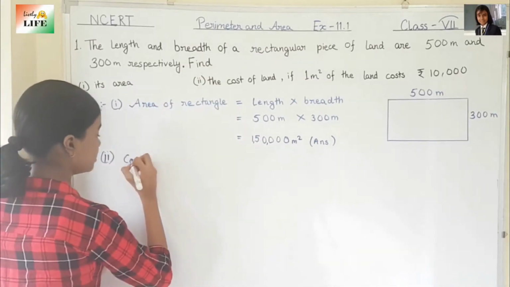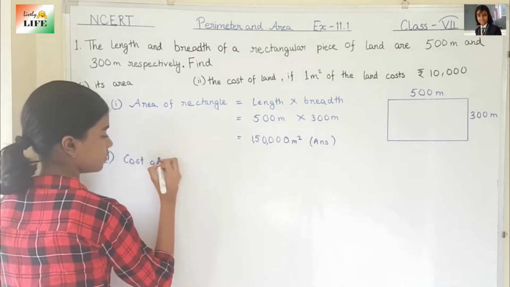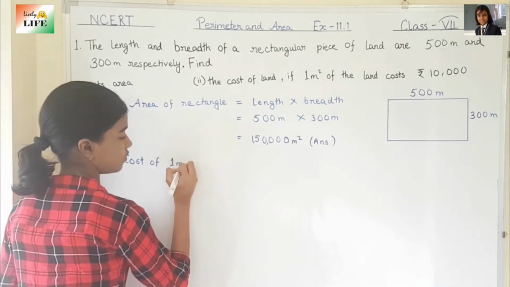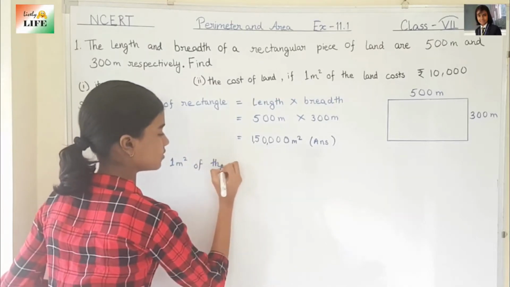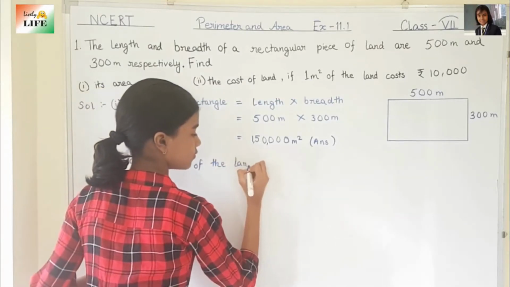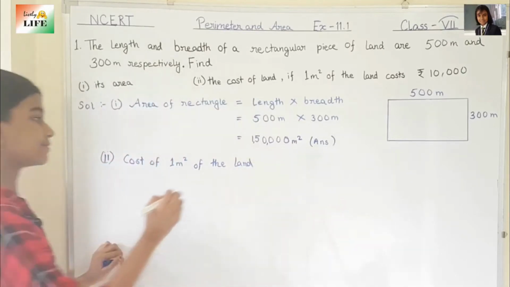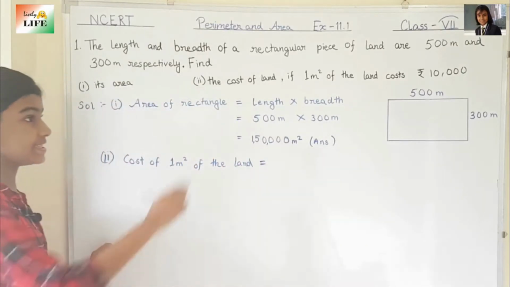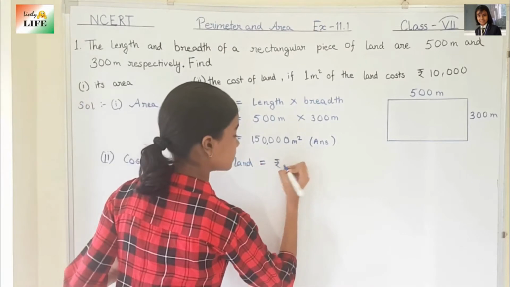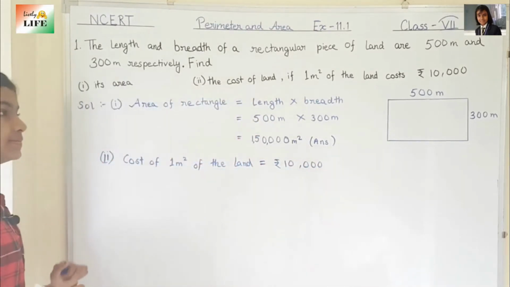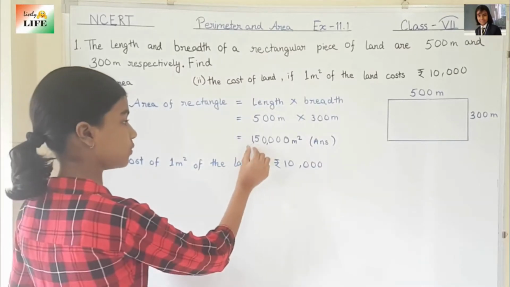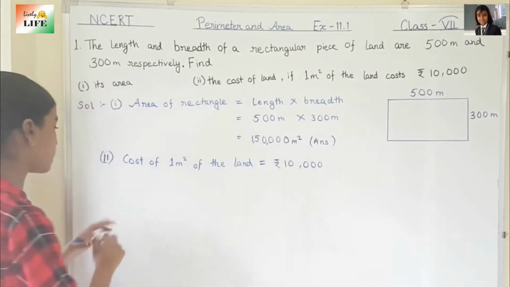So what is given? Cost of 1 meter square of the land, right? It is rupees 10,000. Then now what we need to find out? 1,50,000 meter squares cost, right?